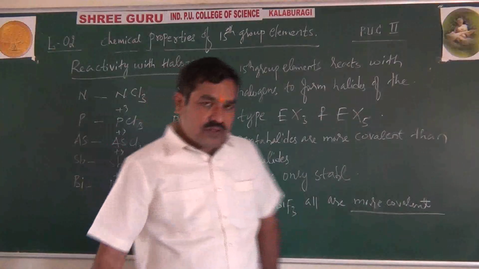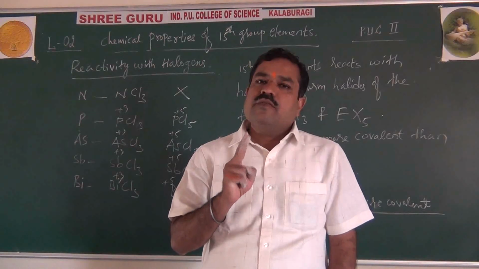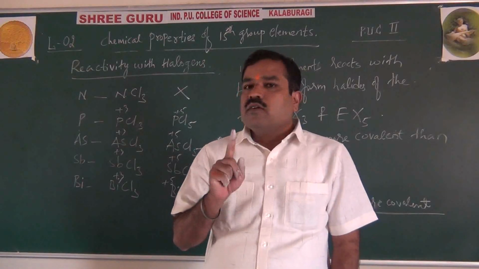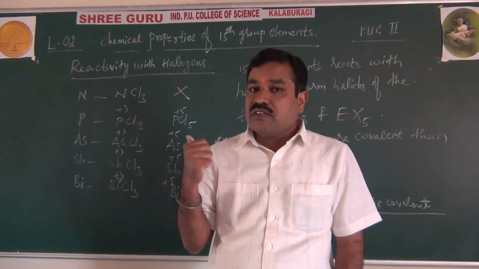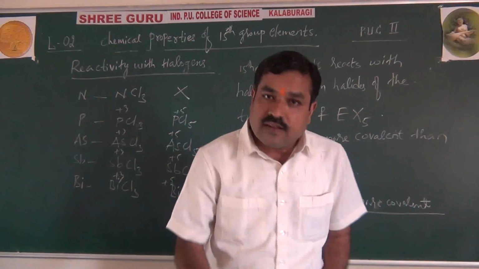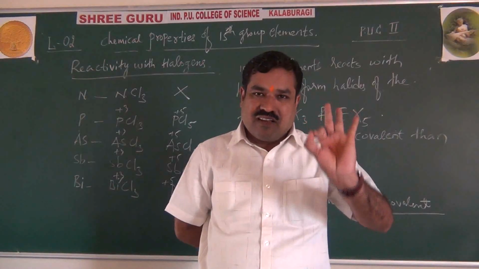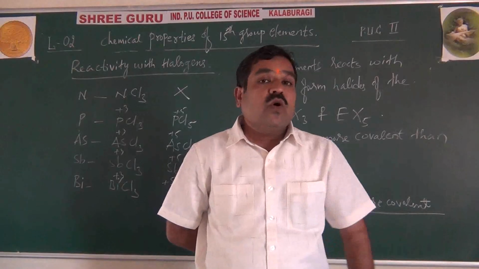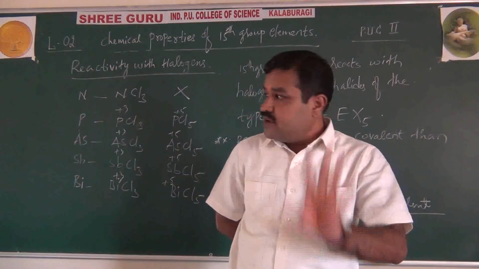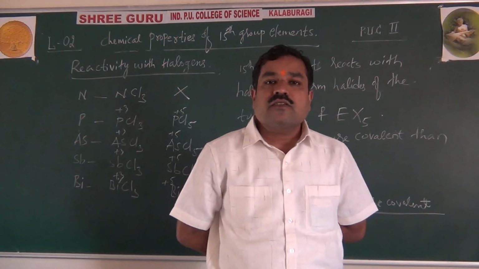Here one more point to be noted. I told you 2 points. While reactivity with the oxygen, as oxidation number increases, acidic character increases. Like this here also, as oxidation number increases, covalent character increases. Point to be noted. Always lower oxidation state elements form ionic compounds. Higher oxidation state elements form covalent compounds. Very important point to be noted for CET and NEET. Okay.